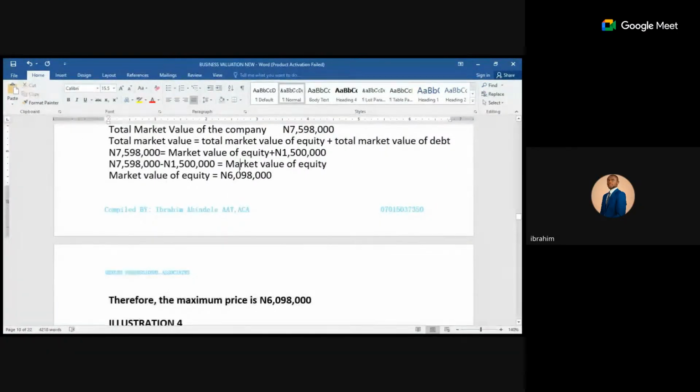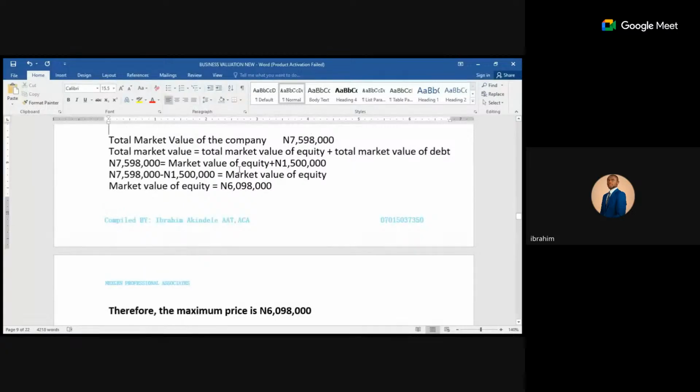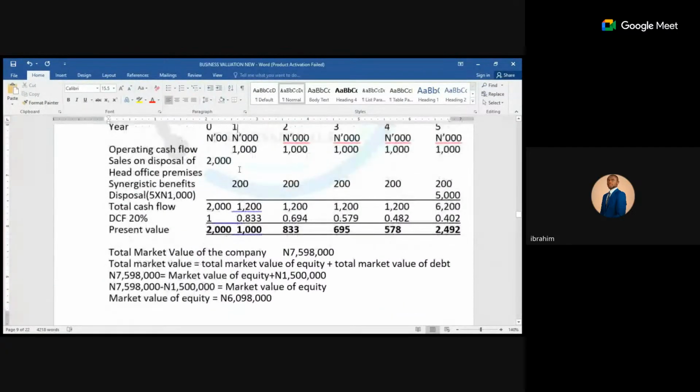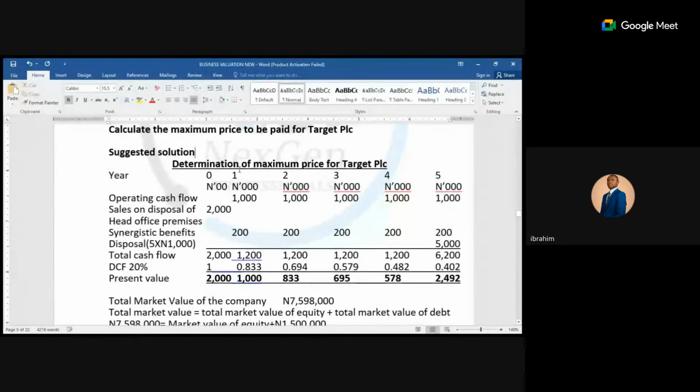So when you are faced with a question on discounted cash flow, consider all the relevant cash flow that is being associated with the acquisition or merger. Then check what is given to you. Is it cost of equity or weighted average cost of capital?